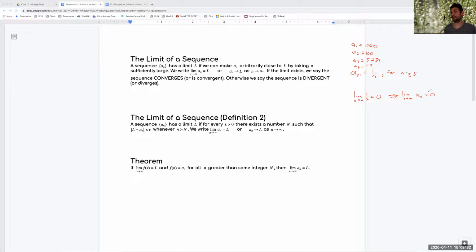The big point there is that the limit doesn't care about what happens at the beginning. We're talking about what happens when x gets really large. So these first 4 terms being kind of goofy doesn't change what happens as n gets larger and larger, right? Those are just the first few terms.